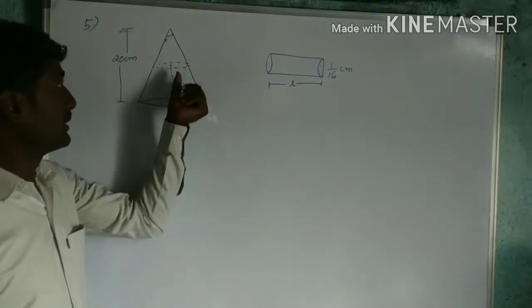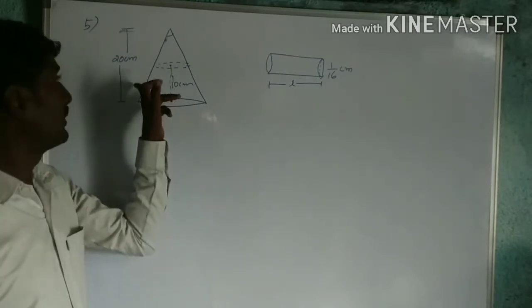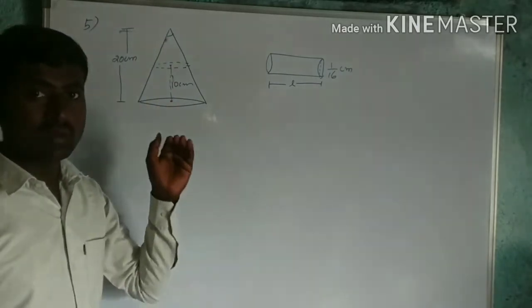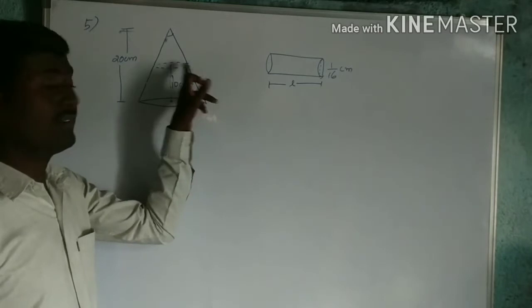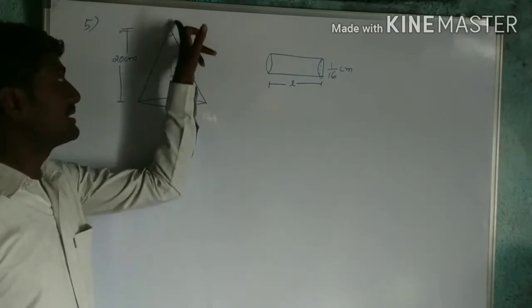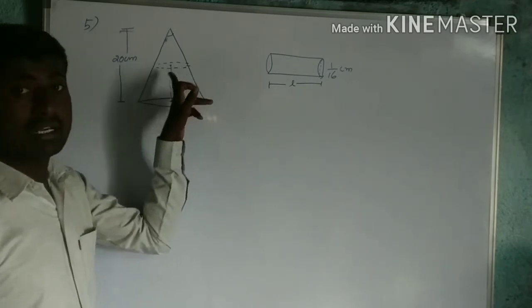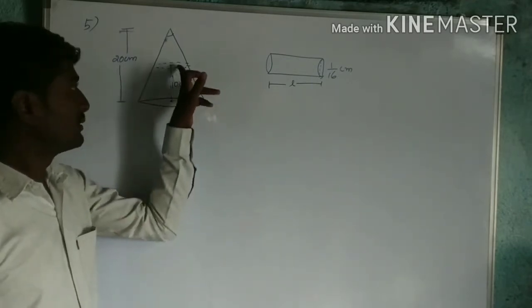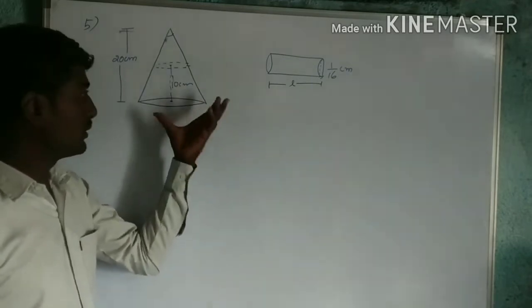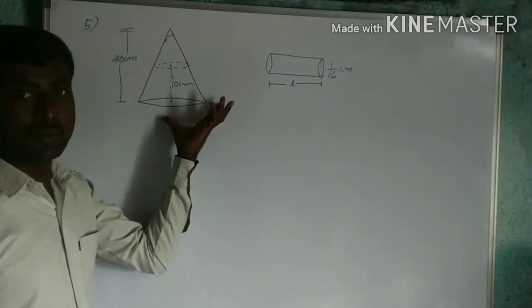So initially there was a cone of height 20 centimeter. We are going to cut it at the middle of its height, 10 centimeter this side and 10 centimeter that side, parallel to its base. So we got a frustum of a cone.